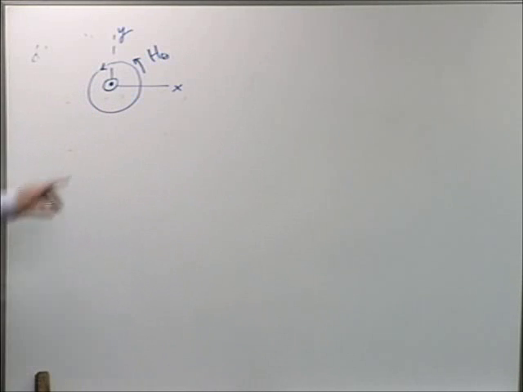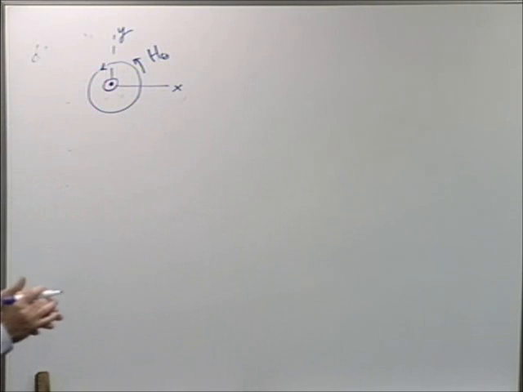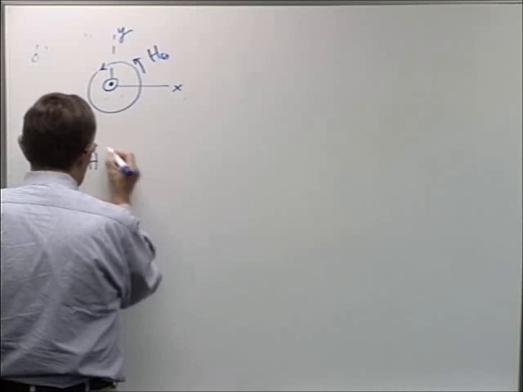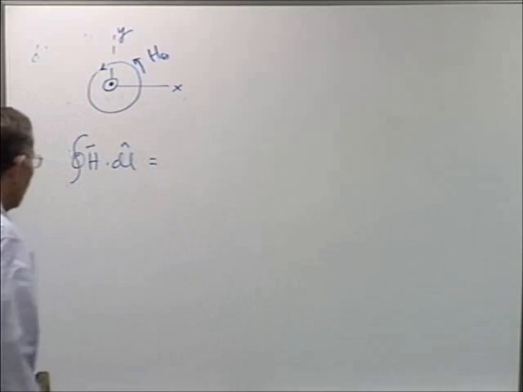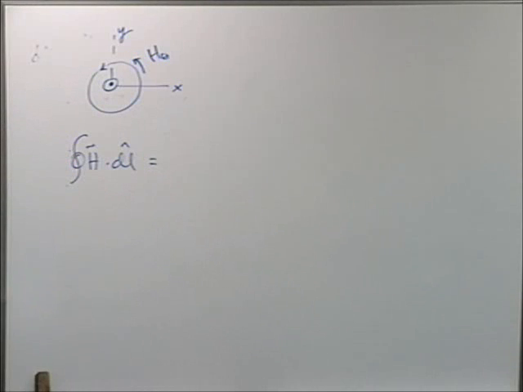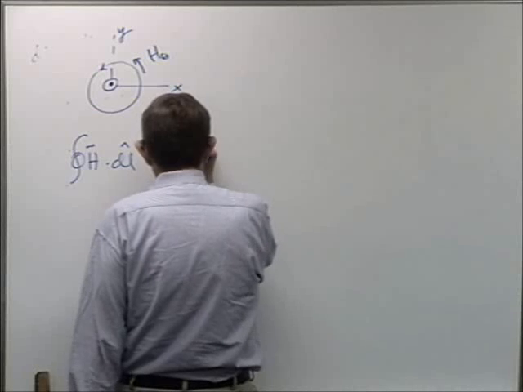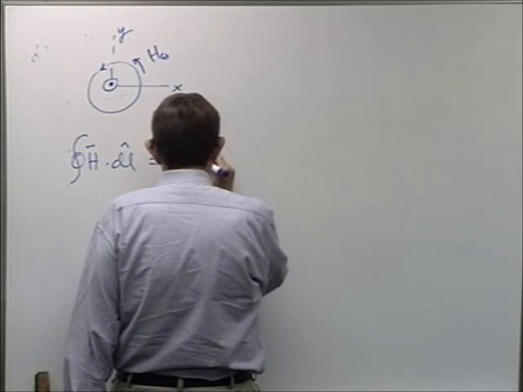So if I do a loop at a constant radius, I would take the integral of H dot dl, and L is just always your incremental change, but you'd essentially be doing a closed integral, and H would be the vector.